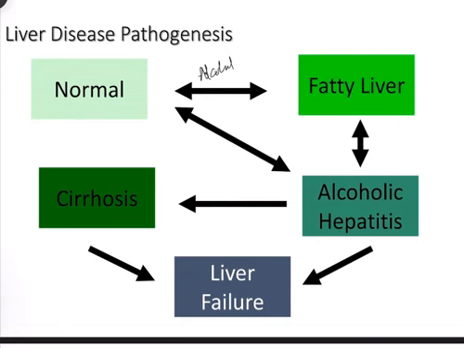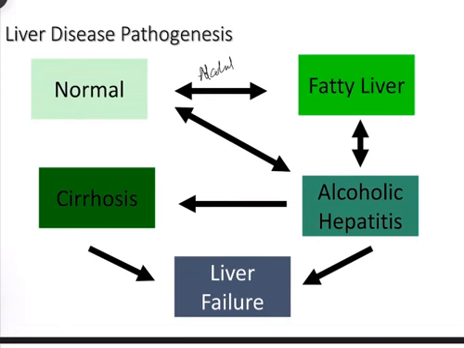Your alcoholic hepatitis can turn into fatty liver, and your fatty liver can turn into alcoholic hepatitis. Then your alcoholic hepatitis can either turn into liver cirrhosis, which eventually turns into liver failure, or immediately turn into liver failure.